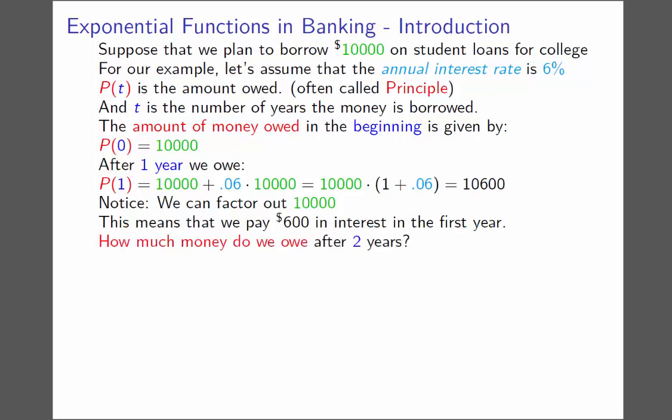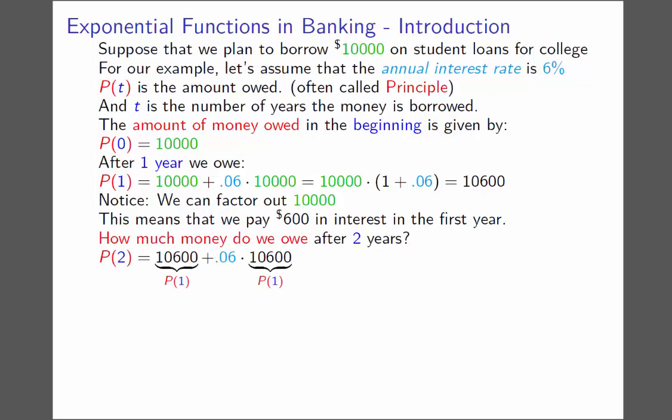So how much do we owe after 2 years? The amount we owe after 2 years, P of 2, is the $10,600, what we owed after 1 year, plus 6% of the $10,600 in interest. Again, we can factor out the 10,600 to get 10,600 times (1 plus 0.06).